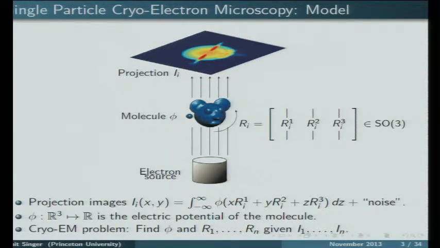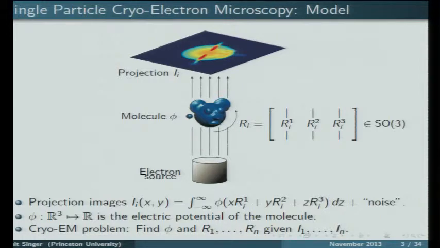With every molecule whose image we get, there is some 3x3 rotation matrix in SO(3), and that basically dictates how the projection image would look. The projection image is just a line integral in the direction of the third column of the rotation matrix, plus some noise. So this is going to be our basic model.